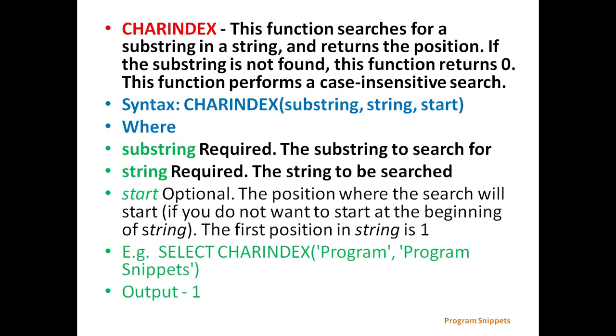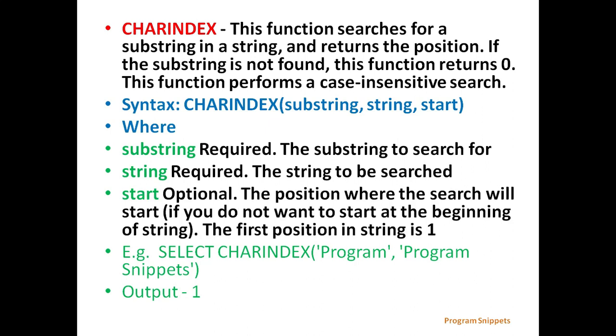Then string is also a required parameter which represents the string to be searched, and start is an optional parameter which specifies the position where the search will start. The first position in the string is 1. For example, SELECT CHARINDEX('program', 'program snippet') will give the output 1.